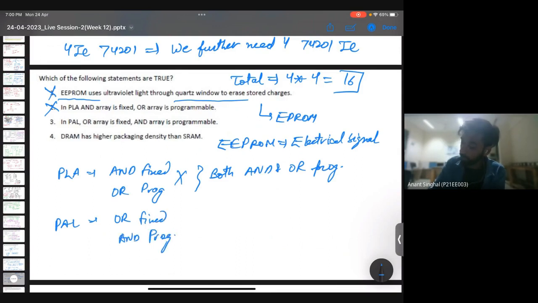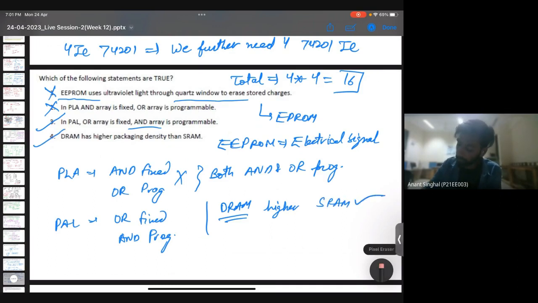This is how a PAL works. We have a fixed or gate and we have a programmable and. And the last option says DRAM. Yeah, so DRAM has a higher packing density as compared to SRAM. So this is also correct. So the correct answers are only 3 and 4. So as you can see, this topic is quite theoretical and does not require much conceptual knowledge.